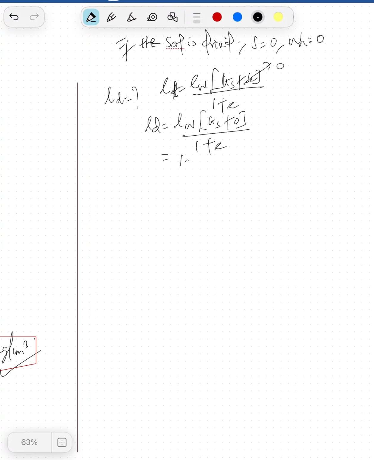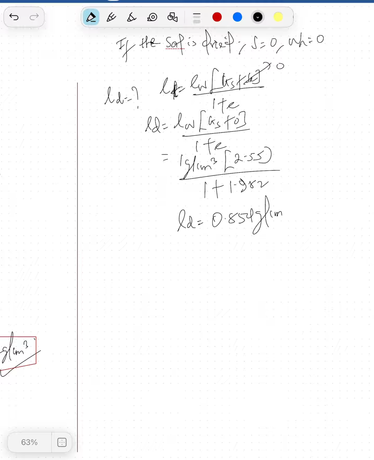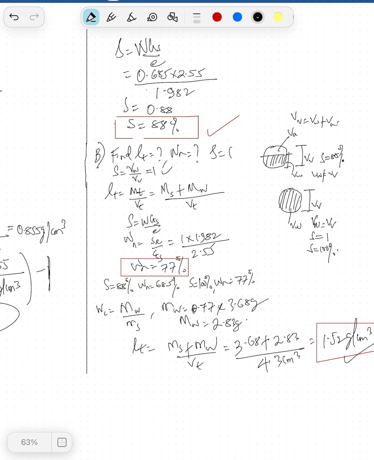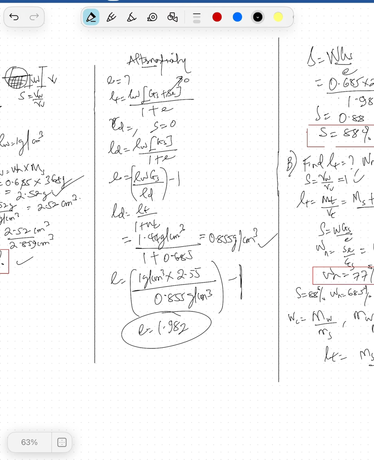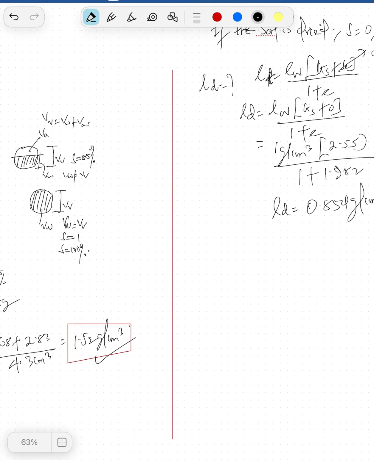So this equals 1 gram per cm cube times 2.55 all over 1 plus 1.982. I think we already found this initially. This equals 0.854 grams per cm cube. We already determined this earlier when we were trying to find one of the parameters here.